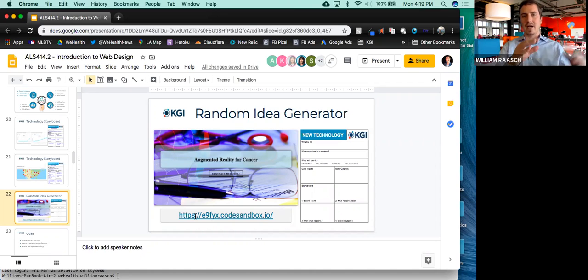So it's got on one column a bunch of ideas like Uber, augmented reality, VR, Google, things like that. And then the other is healthcare. So it might be like Uber for cancer or Google for elderly care, something like that.